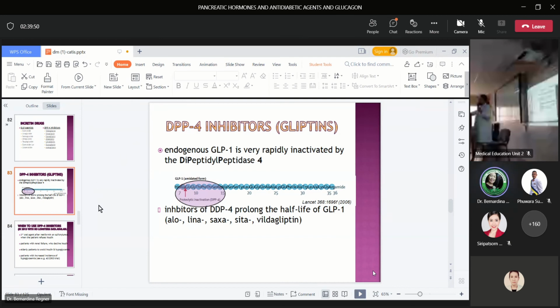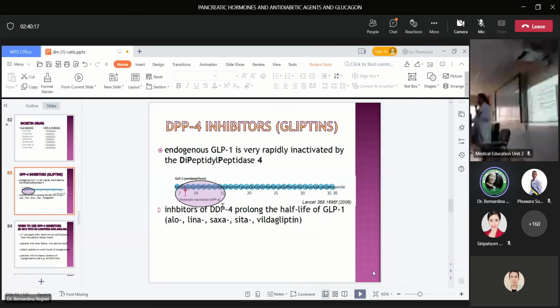Again, what is the meaning of DPP4? Dipeptidyl peptidase 4. Your preparation is an inhibitor of DPP4, so that means there is no metabolism of your GLP-1.